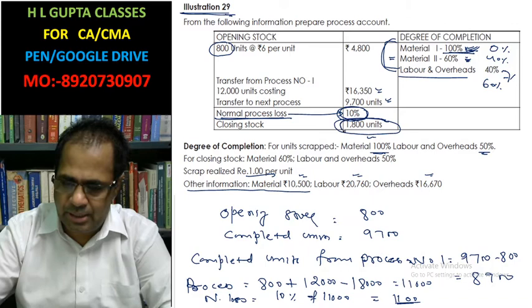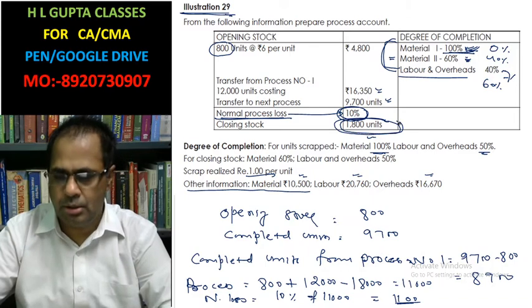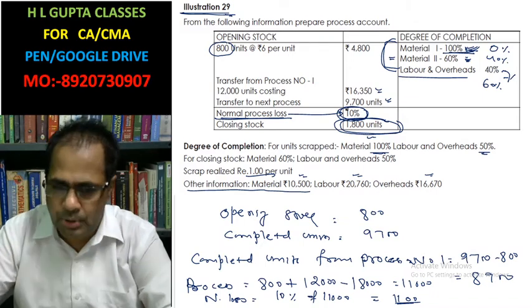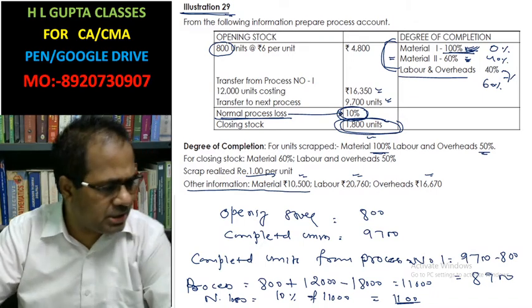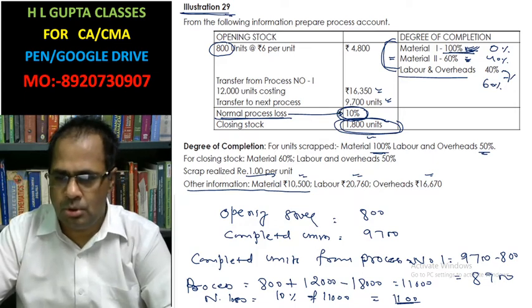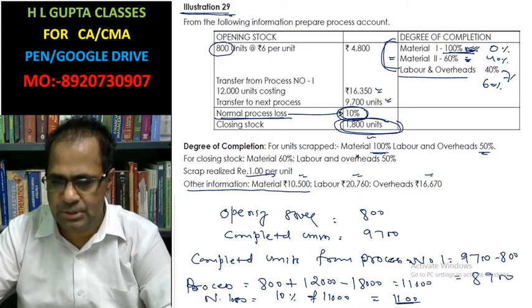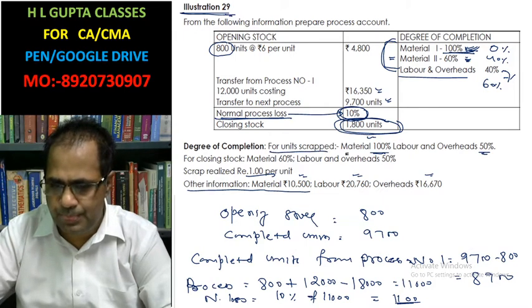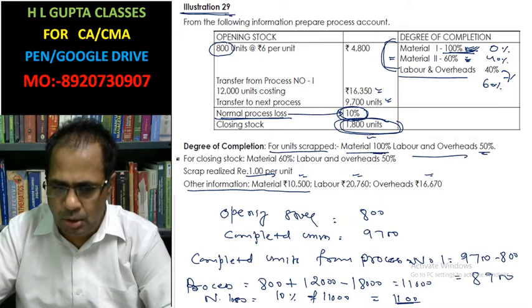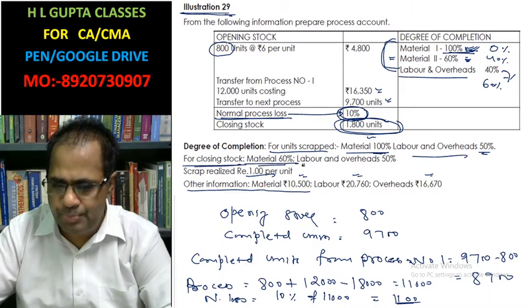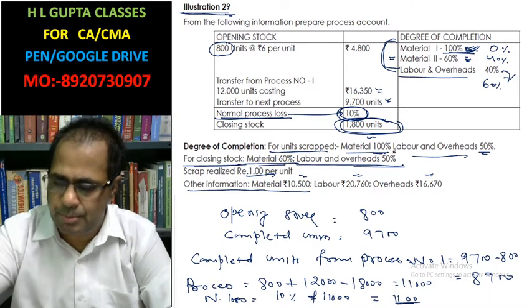Completion stage of the closing stock. Degree of completion for the unit scrap 100. For closing stock, information is given: material 60%, labor and overhead 50%, 50%.